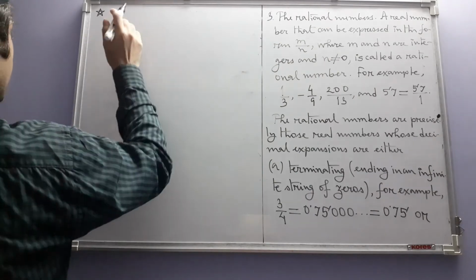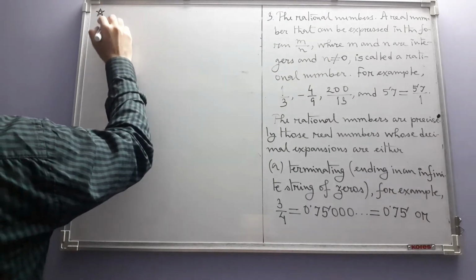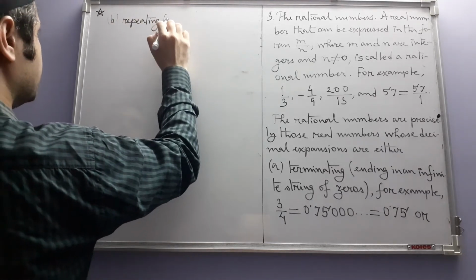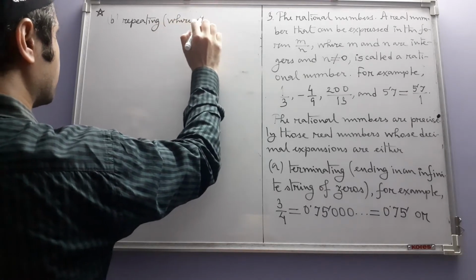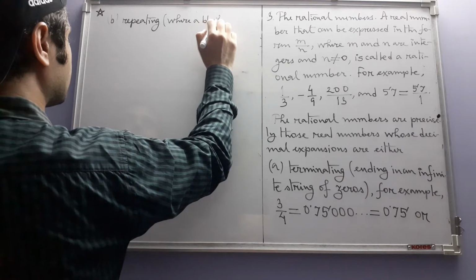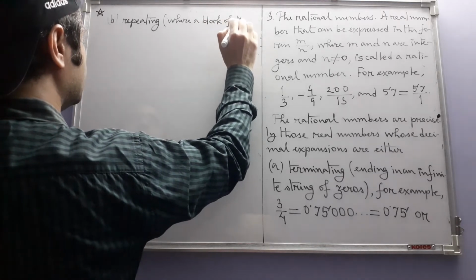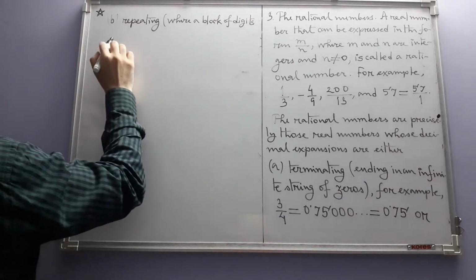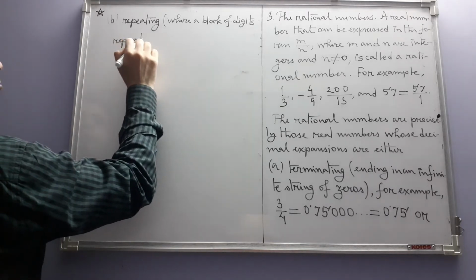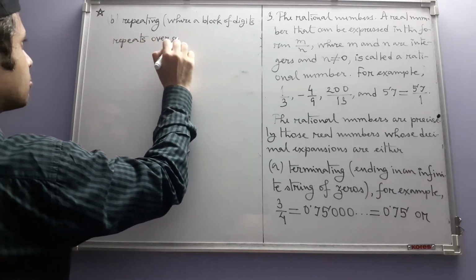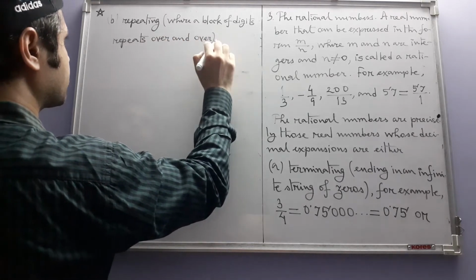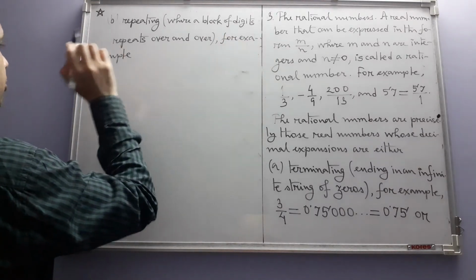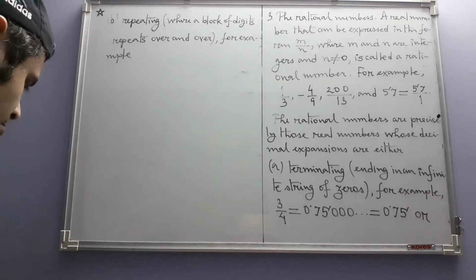Or repeating, where a block of digits repeats over and over. For example, you can divide by 7 or by 11.